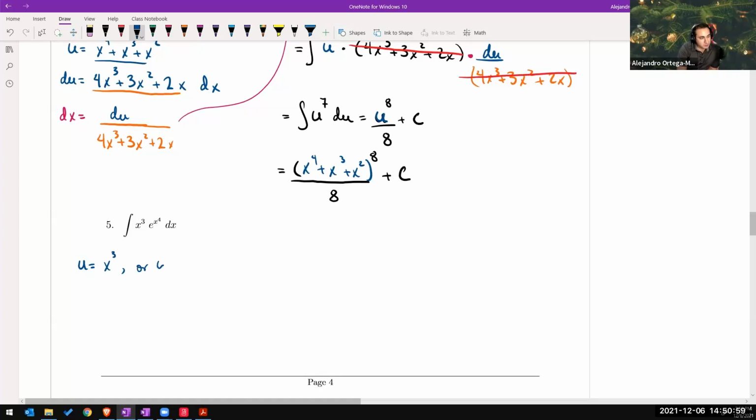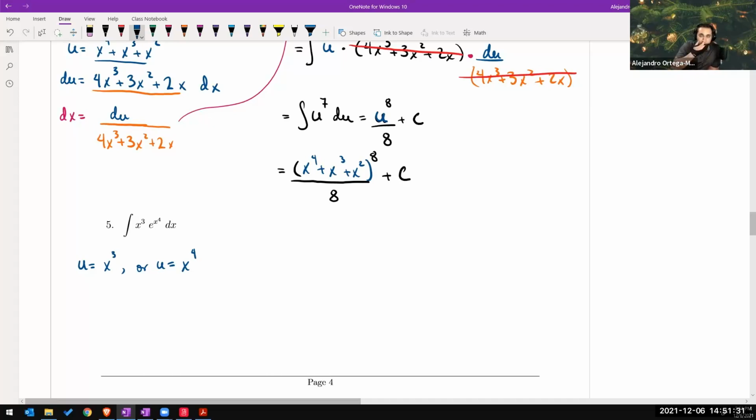Any other takers for u? Okay, so an x to the fourth. All right, so we have these options right here. The u is x cubed or the u is x to the fourth. So let's try it with the x cubed first.